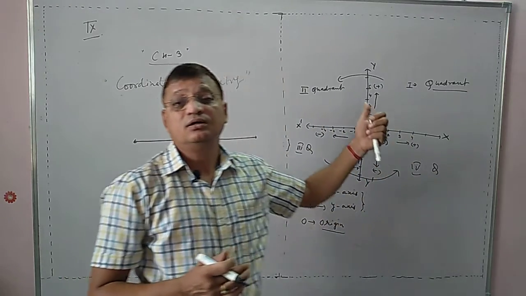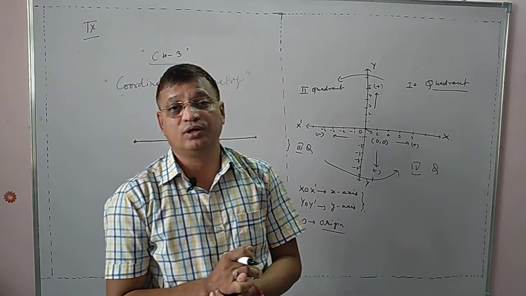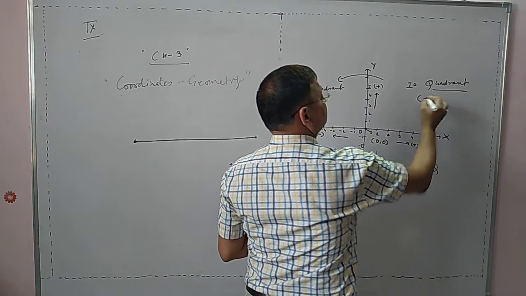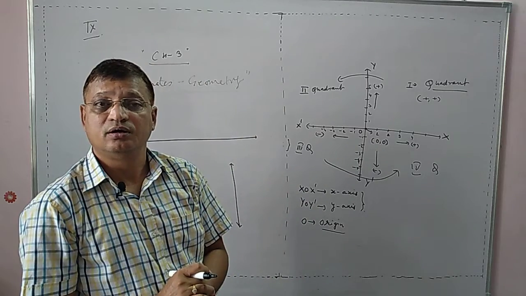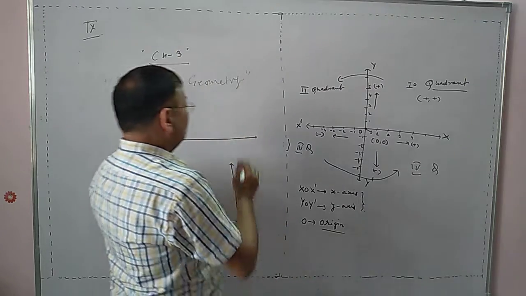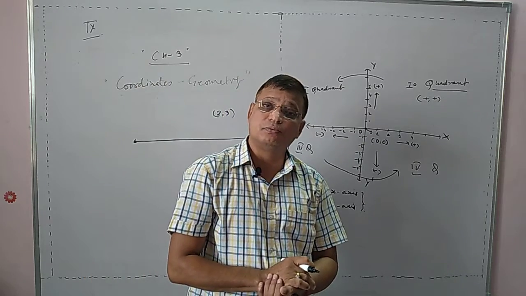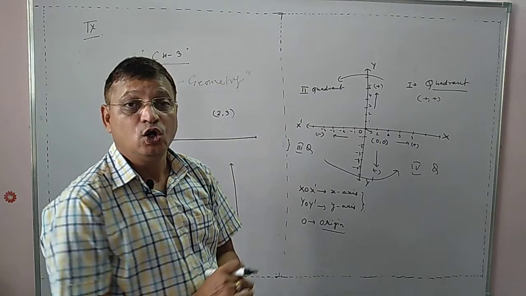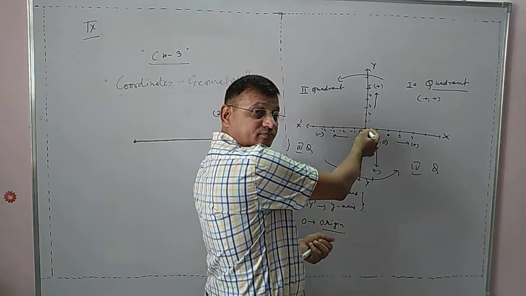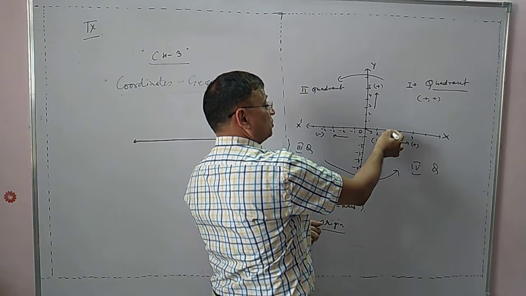Now, what is the sign of the coordinates in all 4 quadrants? In the first quadrant, both coordinates are positive. Suppose we draw the point 2, 3. 2 and 3 both are positive, so start always from the origin. Move 1, 2 on the x-axis and 1, 2, 3 on the y-axis in the positive direction.